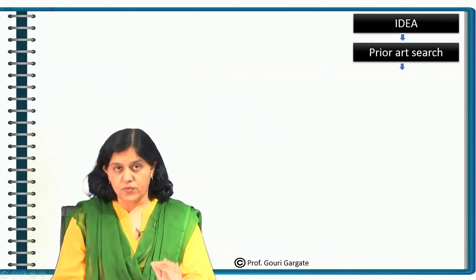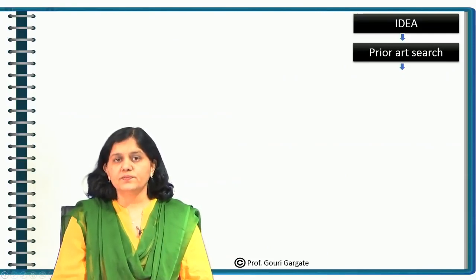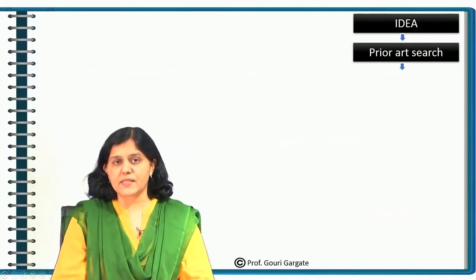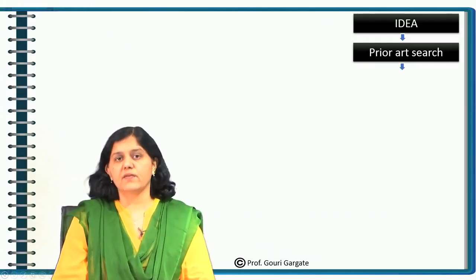But now that you know about patents, you should think about the patent also. So, you should go through the patent documents along with research papers, magazines, newspapers, books, etc. In this way, you will do the prior art search, which is a primary requirement.